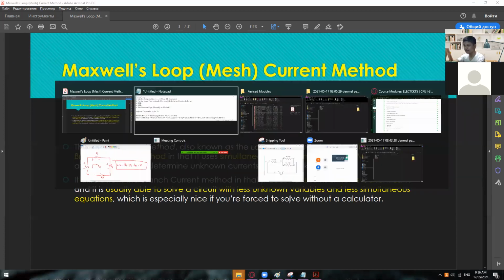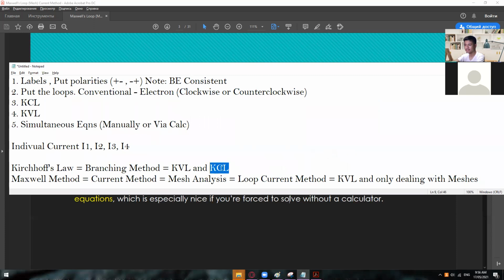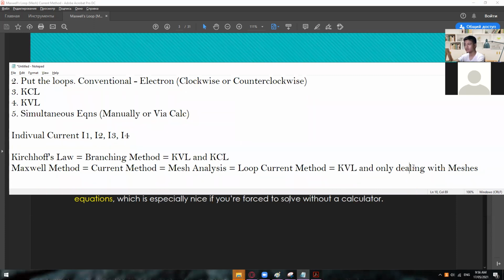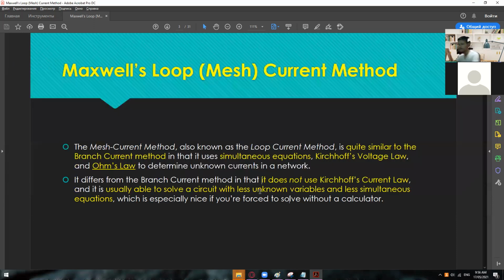That's the main difference. This one is using KCL, but in Maxwell, KVL only, and it's only dealing with meshes, while in here it deals with both loops and meshes. That's their main difference when it comes to solving unknowns. Of course, in here we also perform simultaneous equations.